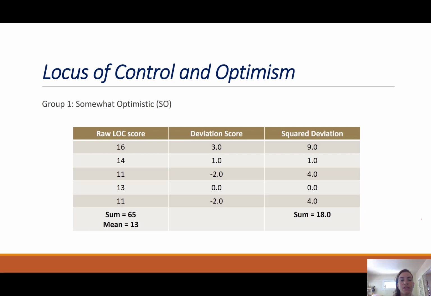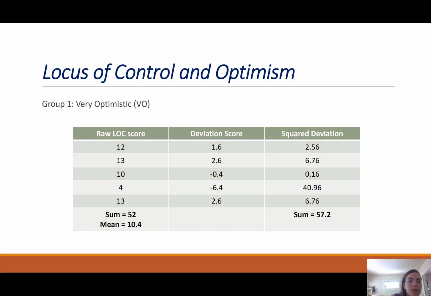Alrighty, we can do the same thing for group 2. This should say 2 here. For group 2, we have 5 individuals as well who have a mean locus of control score of 13. We calculated deviations and squared deviations for each person and got a sum of squares for group 2 of 18.